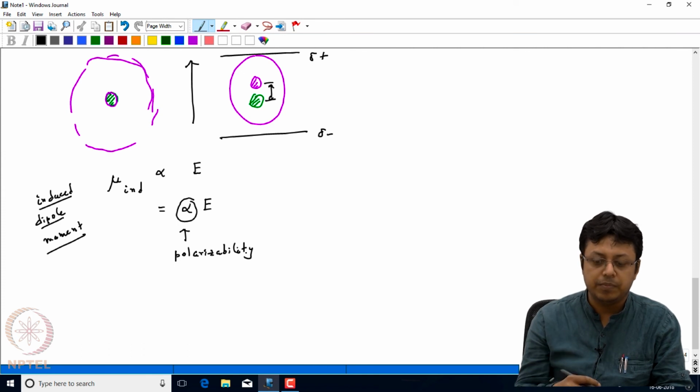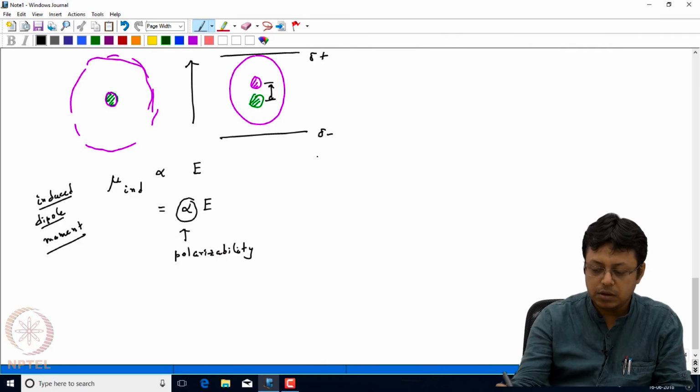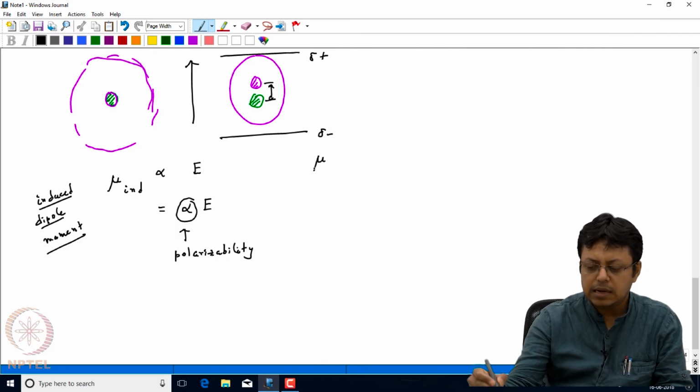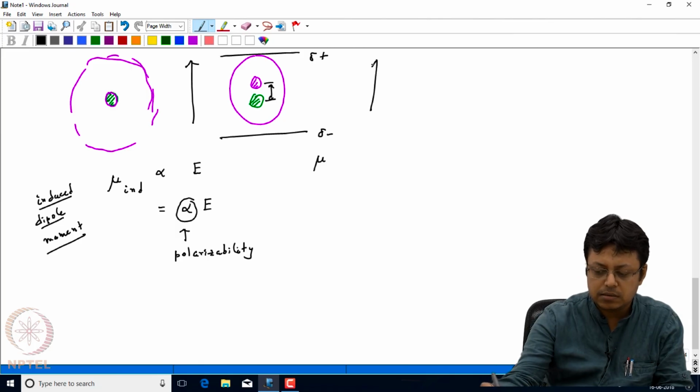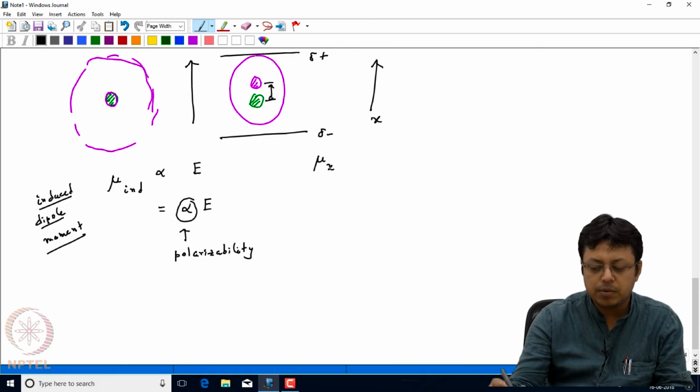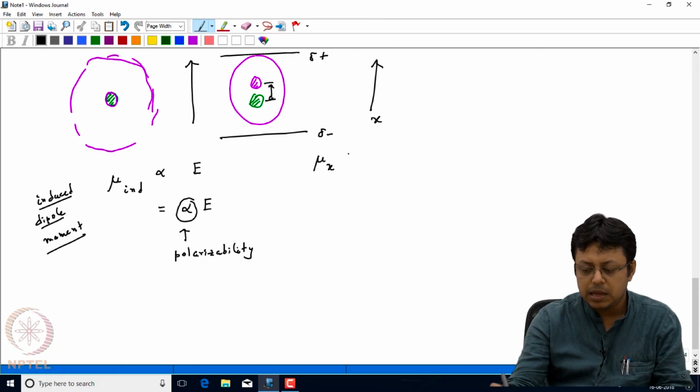Now, what is alpha? You can think that mu is a vector quantity, as we already know. So, mu will have mu x, mu y and mu z, and suppose this direction is the x direction. So, I have an x component of the dipole moment, and I also apply the electric field along the x direction.